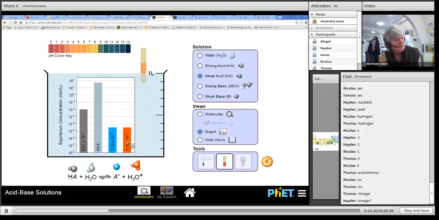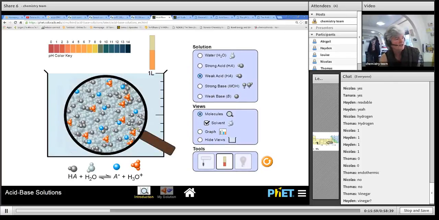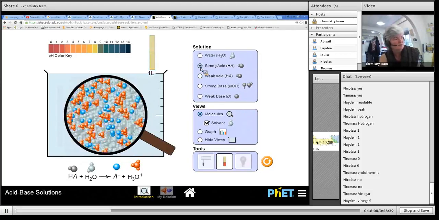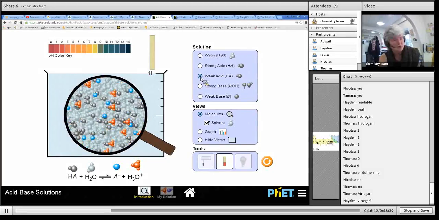So I've got fewer hydronium ions, so you can see, if I match the color, it's roundabout a pH of 6, and that's because I've got fewer hydronium ions. I can show that like this, so you can see I've got lots of HA molecules and not as many hydronium ions or the anions. So if I flick between there, I've got lots of hydronium ions, there I've got fewer.